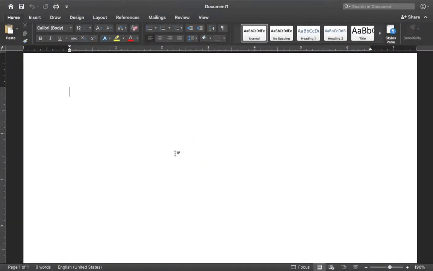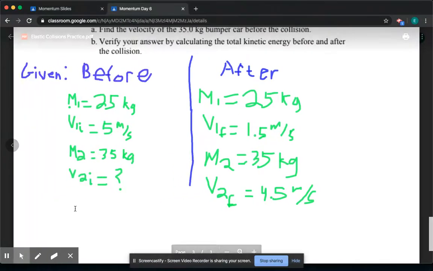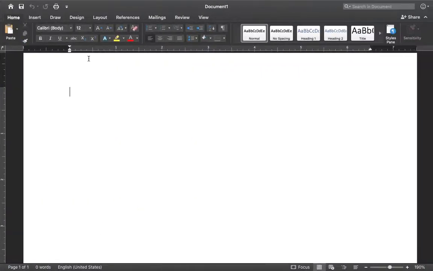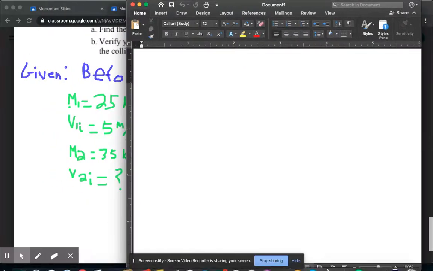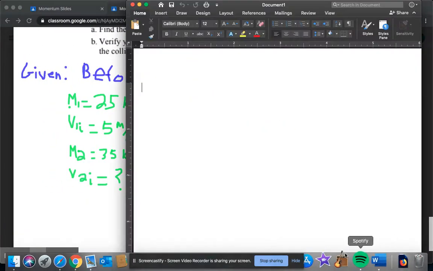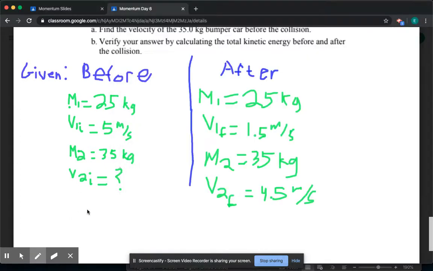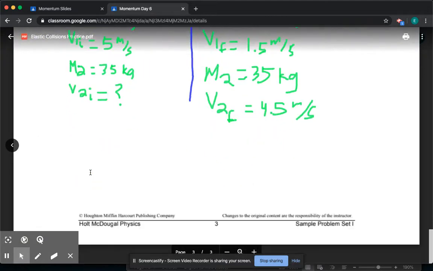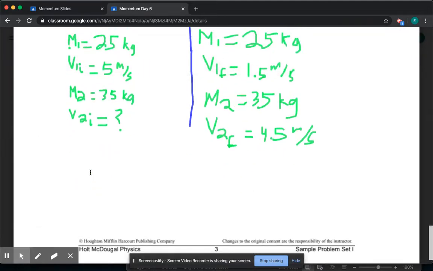I can't use the pen there. I guess I have to exit. Okay, so I can't draw on Microsoft Word. I guess we're going to have to work with what we got. I'm going to have to erase some stuff, but it's okay.